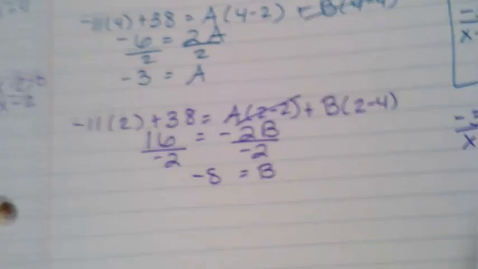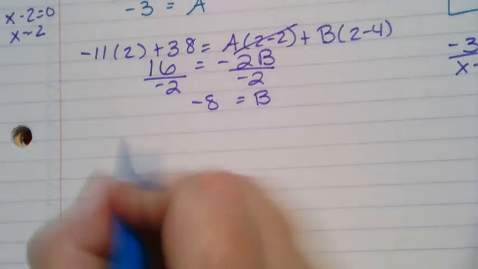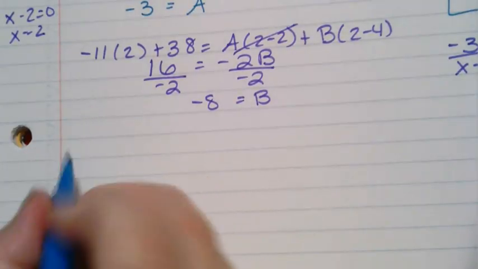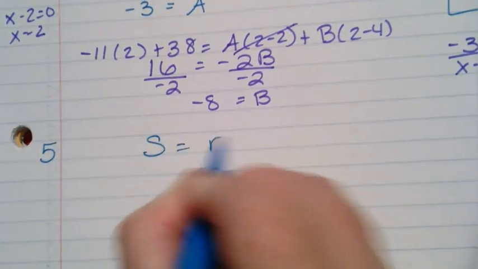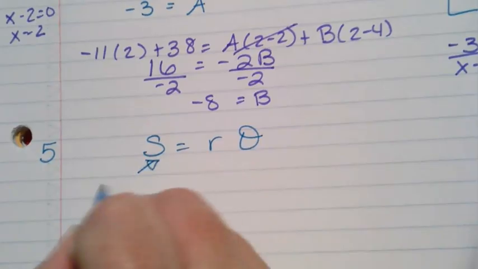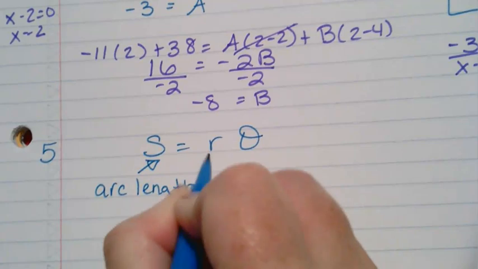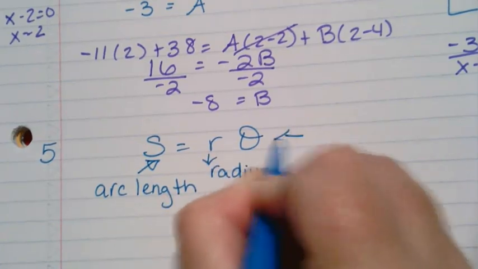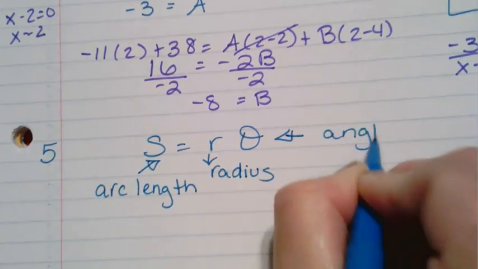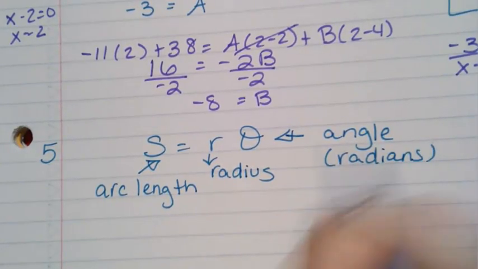Next is arc length. So this is going to be number 5. So arc length is r theta: arc length, radius, angle in radians.